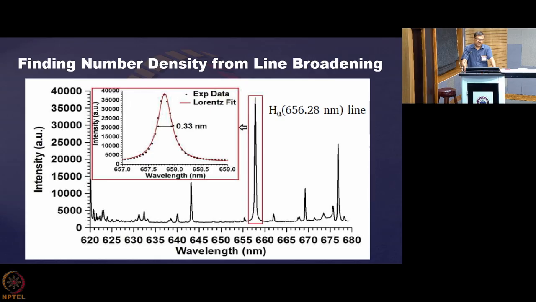For example, if you are using argon gas, you insert a very small fraction, say 0.1 liter per minute of hydrogen into the gas, then it will basically not disturb the argon plasma because of so small a quantity, but it will show the presence of the H alpha line in the emission spectrum.